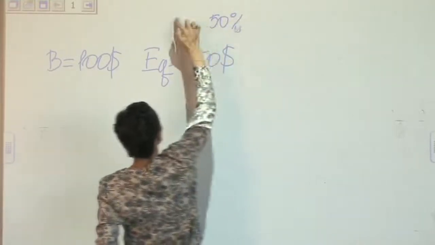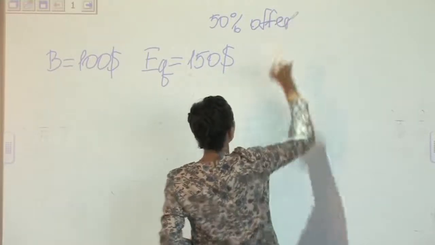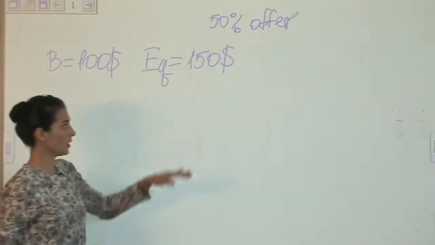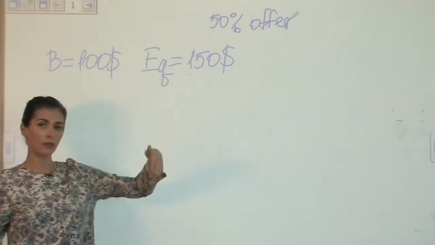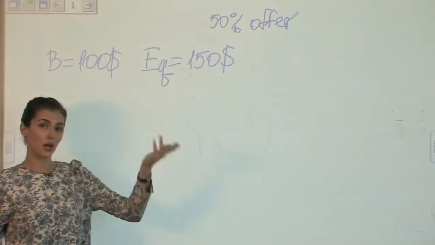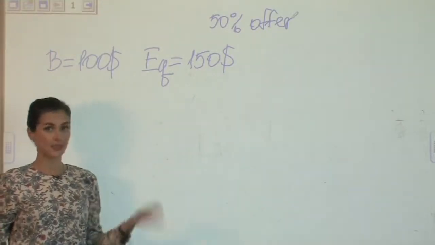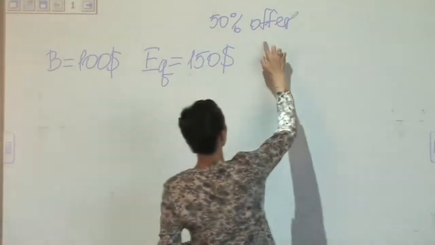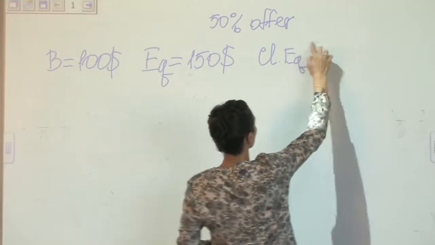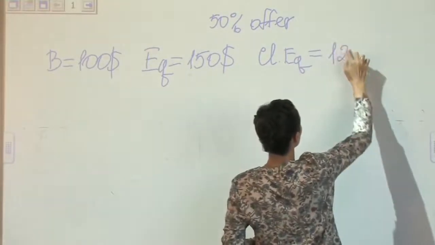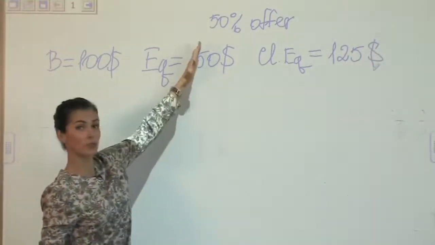So the profit amounts to $50, and half of this profit you should transfer to the manager, not you, the system. So your clean equity amounts to $125, the half from 50.